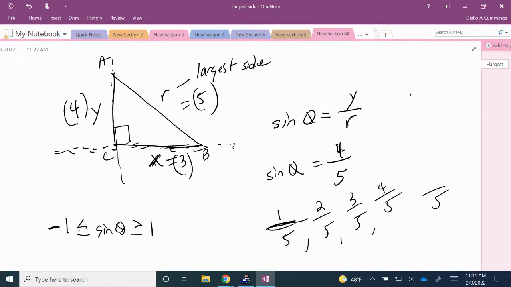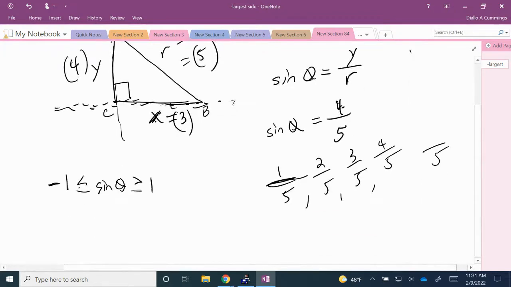Right? So the sine value is trapped in between negative 1 and positive 1. It can never be, okay, this is the way that should be written. All right, so the sine is in between negative 1 and positive 1.